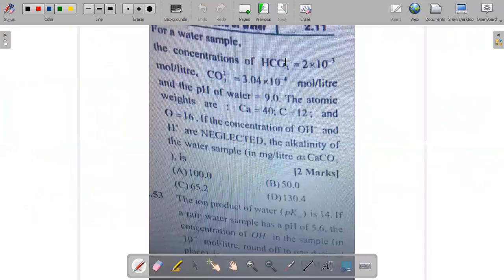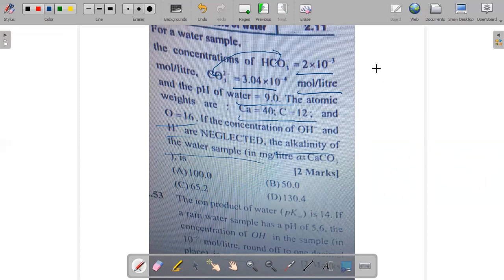We have a concentration of HCO3 minus 2 into 10 to power minus 3, and for CO3 2 minus 3.04 into 10 to power minus 4 mole per liter, and the pH of water is 9, and the respective atomic weights are given. So if the concentrations of OH minus and H plus are neglected, what is the alkalinity of the water sample? Okay, so OH minus and H plus are neglected, we need to find the alkalinity.